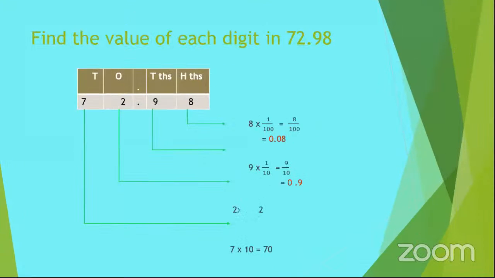So that will be the value of 2. Then for 7, the value of 7, we shall multiply 7 times its place value, which is 10, and that will be 7 times 10, giving us 70.